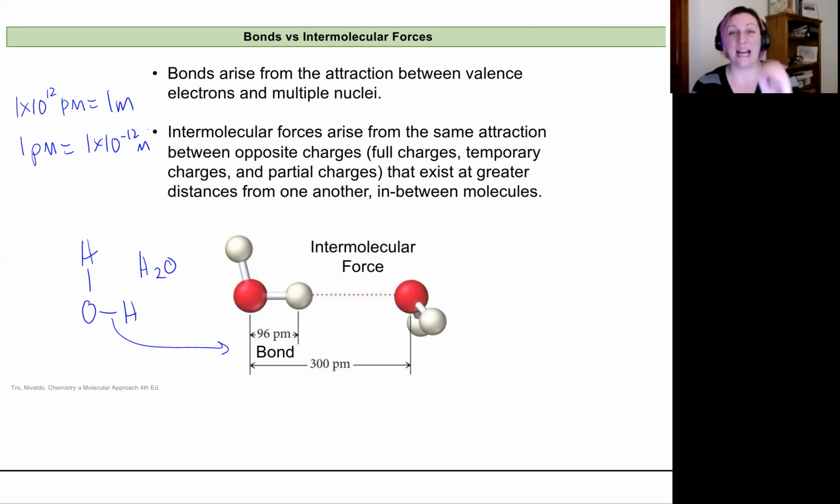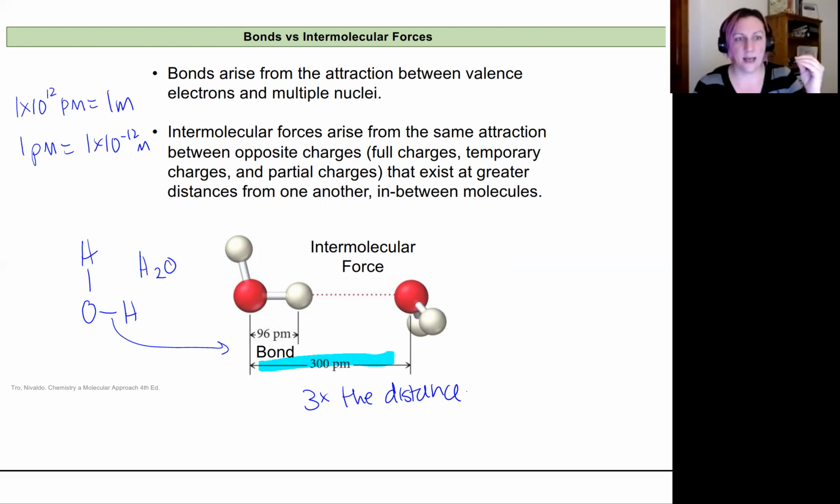All right, so tiny at the end of the day. So a bond between oxygen and hydrogen is about 96 picometers, whereas the molecules will get within 300 picometers of one another. So that's 3 times the distance, which is enough for that force of attraction to be much weaker.